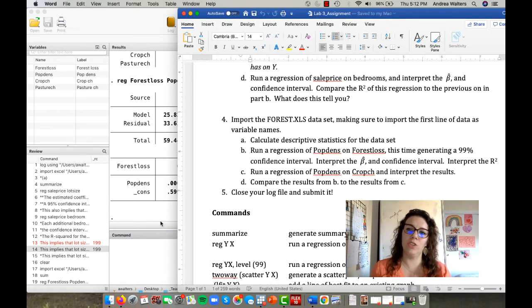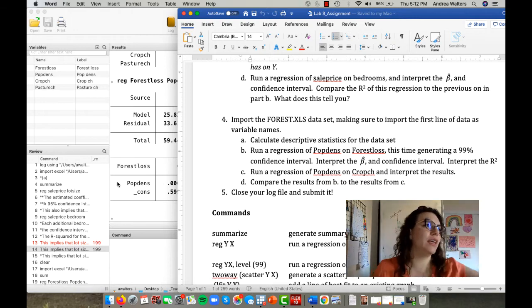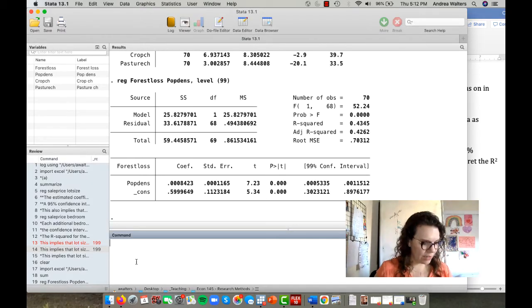So if we want to interpret the confidence interval for the beta hat for this problem, you can reference the book to get the units, because the units on this one are a little bit more challenging. But the basic thing here is that each additional person per hectare is going to tend to increase deforestation by 0.00008.